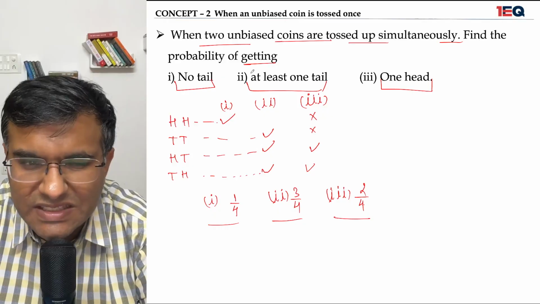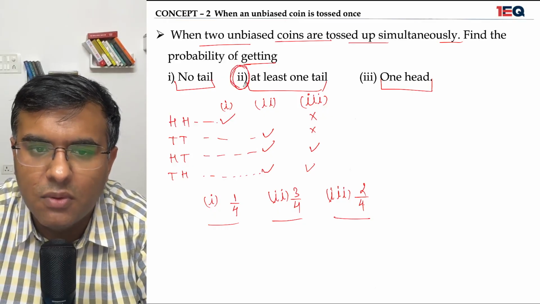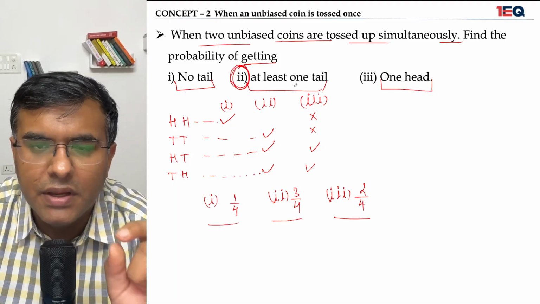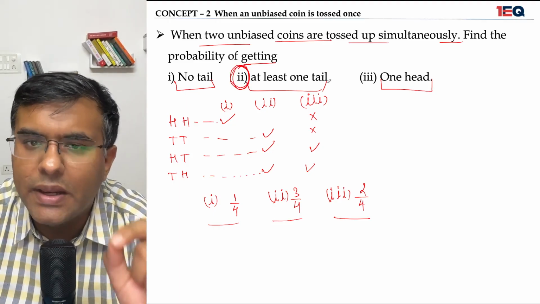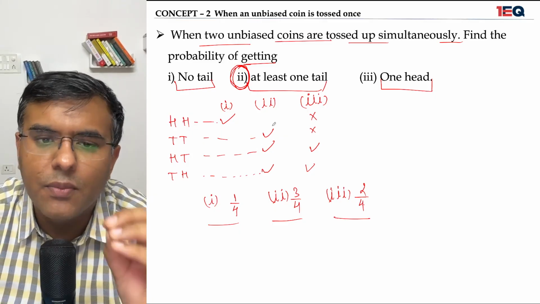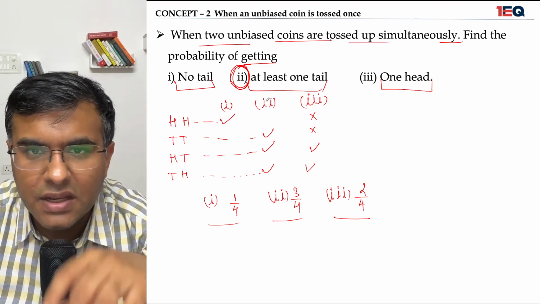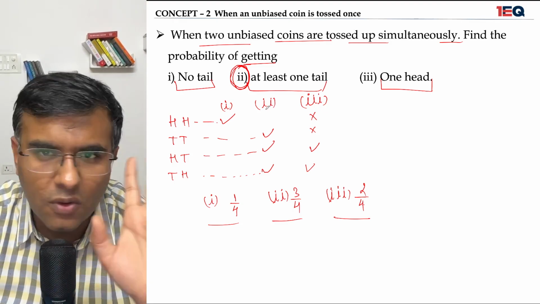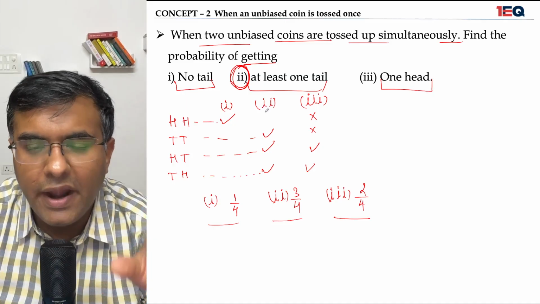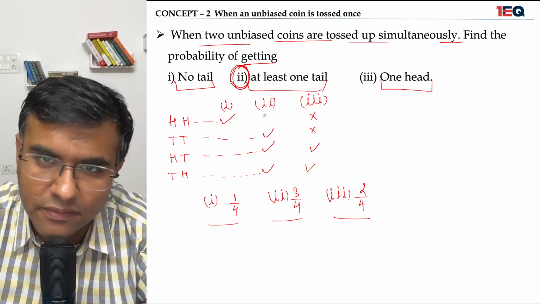I would like to explain what is going on in the mind when we are talking about option number 2 over here. It says at least one tail. When I talk about at least one tail, what we mean here is that if there are zero tails, it's not going to be favorable for me. And no matter how many tails come beyond the first tail, I would be accepting all of them.